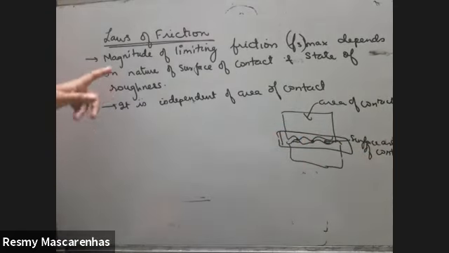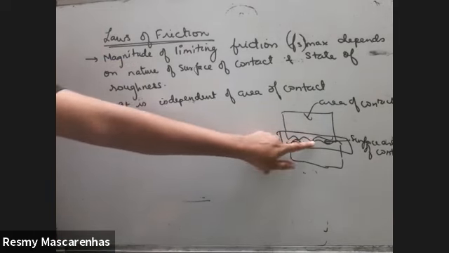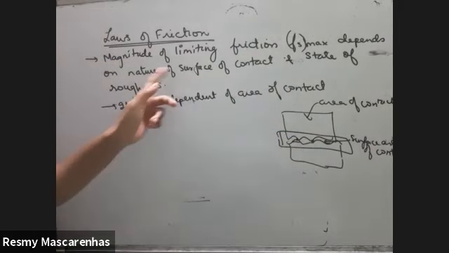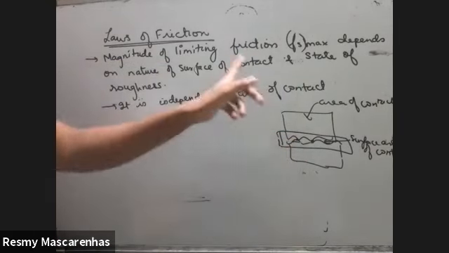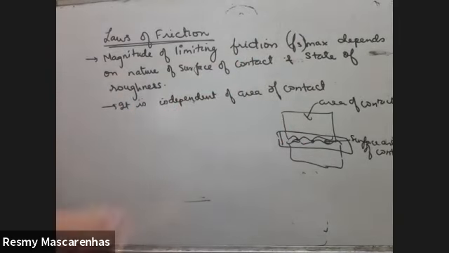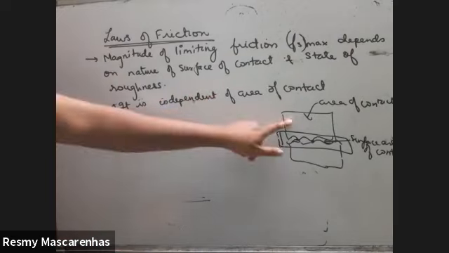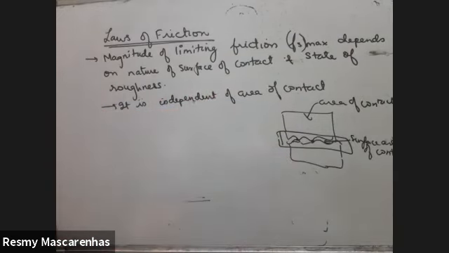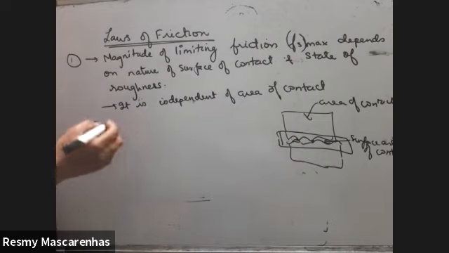So the magnitude of friction, how much friction it can give, depends upon how rough the surface is. It depends on the surface of contact and the state of its roughness, and it is not dependent on the area of contact. That is the first note.